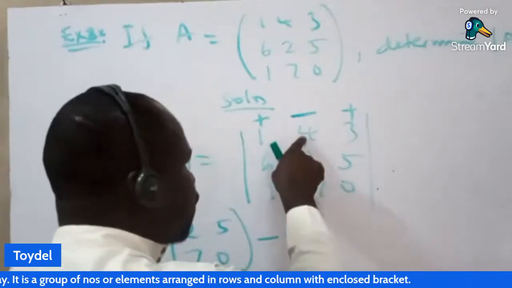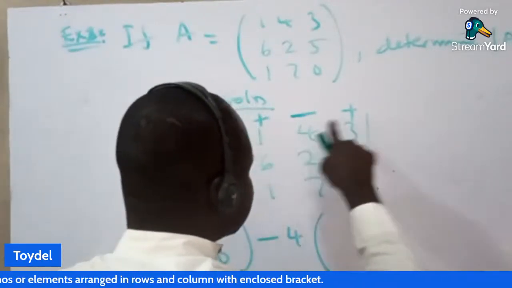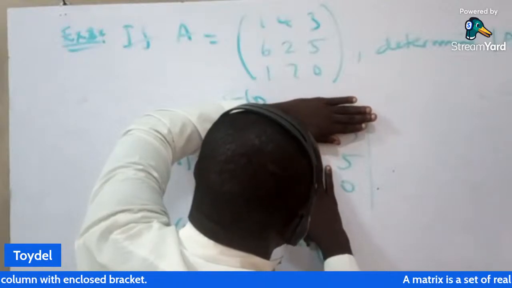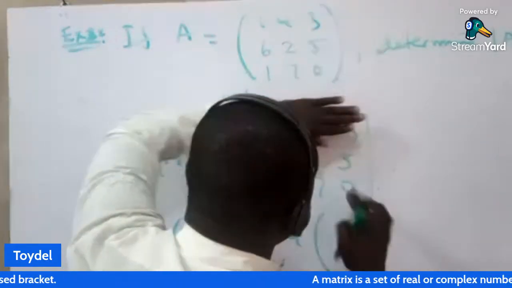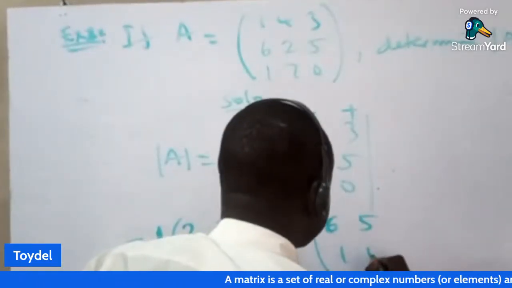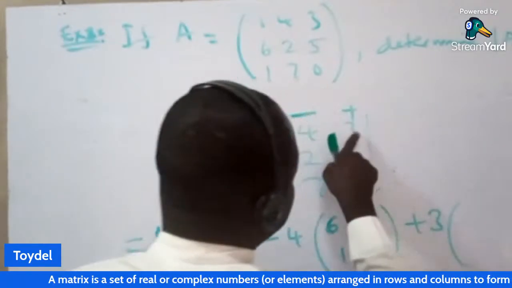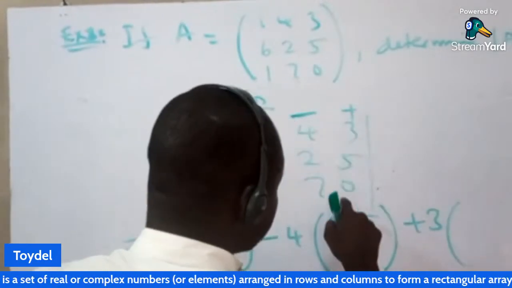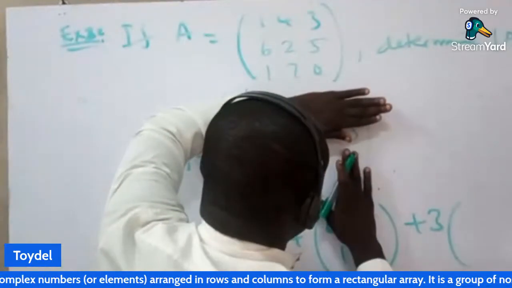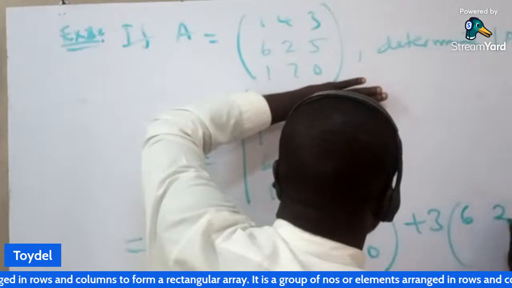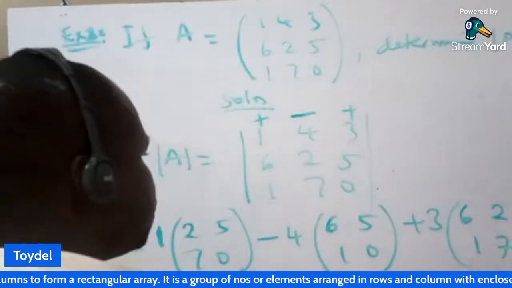Then this 4 is along first row and second column. So let's pretend as if we cover first row and second column. What do we have left? 6, 5, 1, 0. Then plus 3. This 3 is the first row, last column, the third column. So let's pretend as if we cover first row and last column. We have 6, 2, 1, 7. That is how to do it.